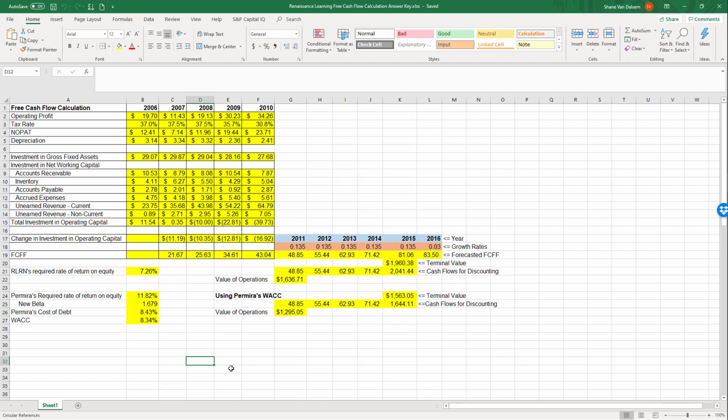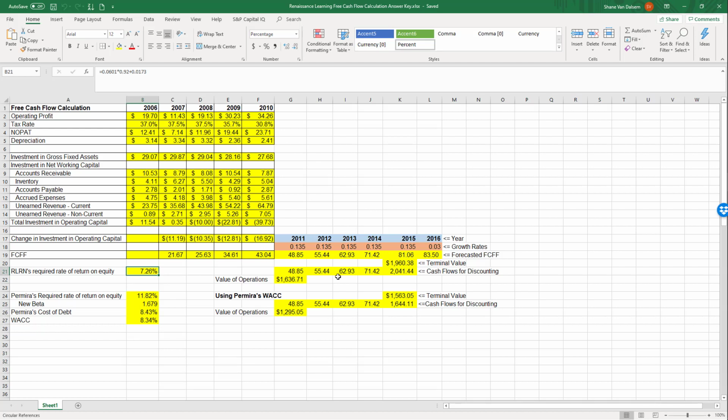The reason we used the capital asset pricing model to determine the required rate of return on equity in this case is because we changed the capital structure, and that is the approach that gives us the greatest ability to change that capital structure and show how it affects the required rate of return on equity. So the required rates of return might be underestimated, especially here for Renaissance, and certainly that would decrease the value of the company.